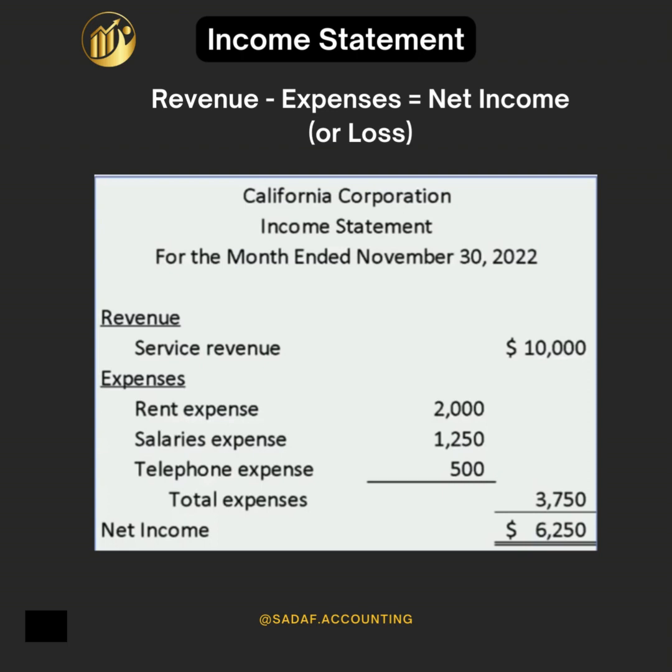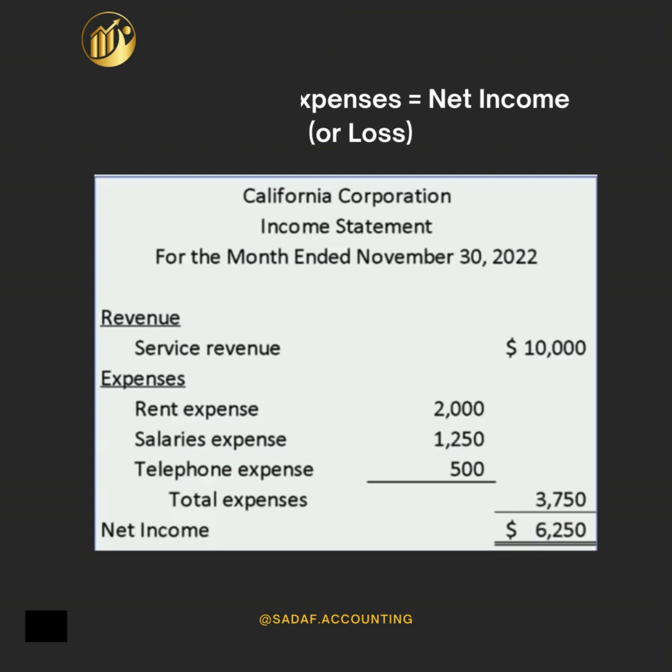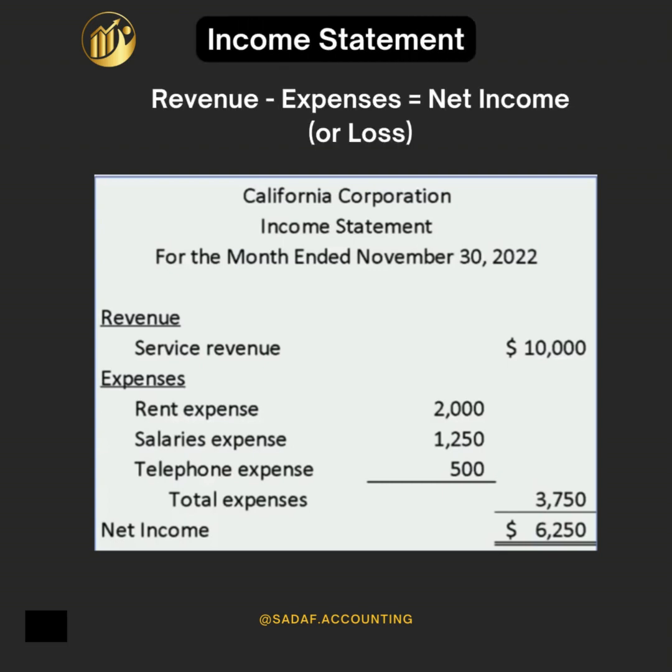For example, it's for the month ended November 30th, 2022. Now let's take a look. Revenue: we've got service revenue of $10,000. Then we have expenses: rent expense, salary expense, and telephone expense. Then we see our total expenses of $3,750.